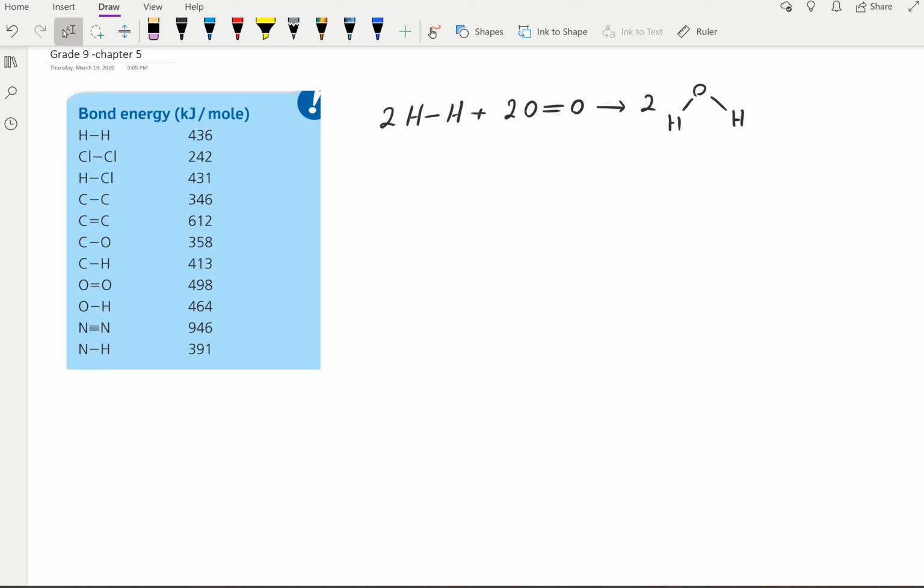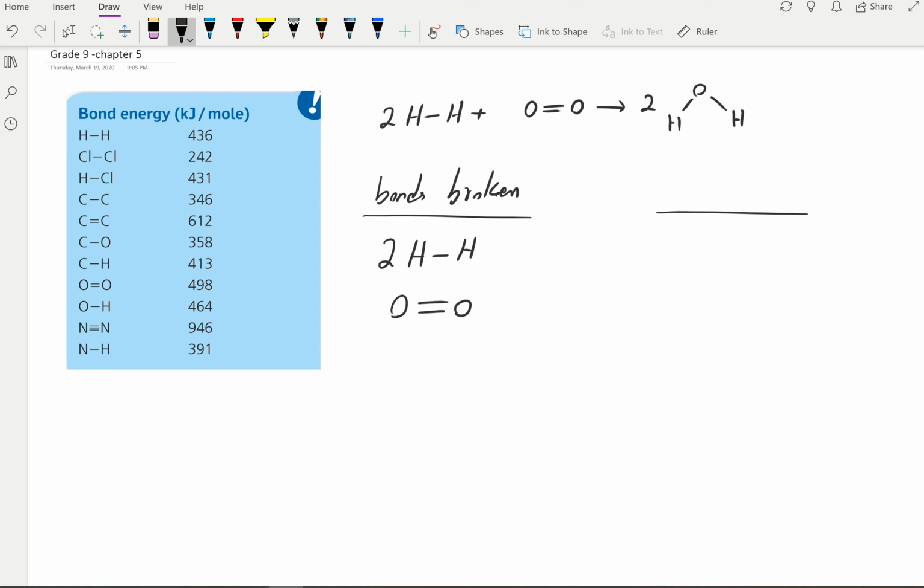So here I have the bond energy table. I must know what are the bonds which are being broken here. So the bonds which are broken: I have two hydrogen single bond hydrogen, and I have oxygen double bond oxygen. What are the bonds which are being formed here?